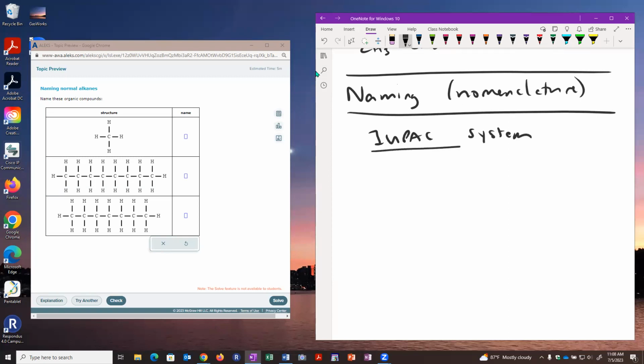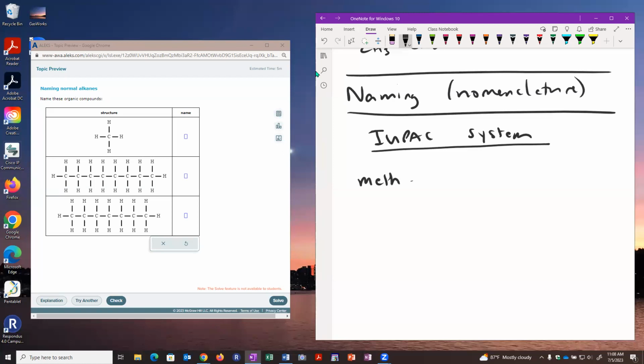So it's the IUPAC system, which is just a set of rules that we follow, and establishing the longest continuous carbon chain is the first part of this. So we need to know the prefixes that we use to assign the longest continuous carbon chain.